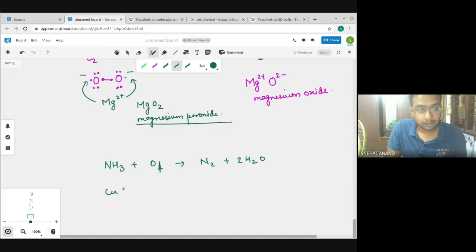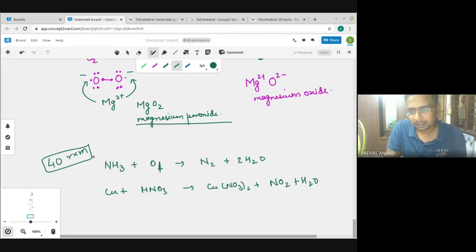Copper combining with nitric acid to form copper nitrate with NO2 and H2O. We have plenty of such reactions coming this year, and by my calculation, about 40 reactions which you should be thorough with by the end of this year.